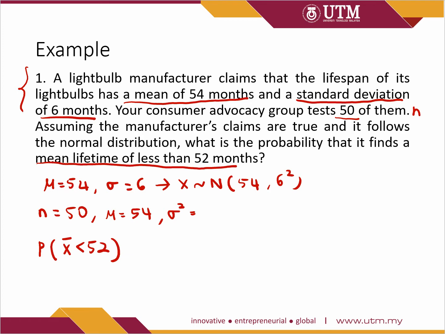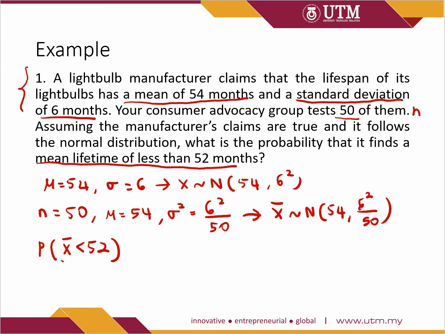So it will be 6 squared over 50. So here we can write the normal distribution for the sample mean, which follows normal, given mean is 54 and the variance is 6 squared over 50.